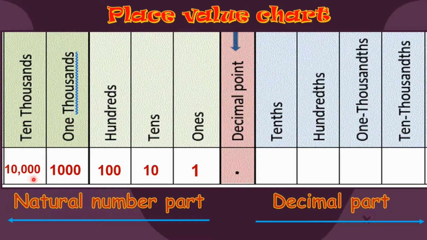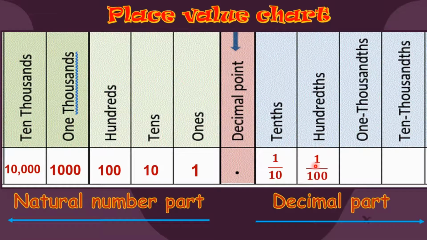Now let us move towards the decimal part, that is the digits which are there after the decimal point. So after the decimal, the first place is the tenths place and its place value is 1 upon 10. The second place after the decimal point is the hundredths place and its place value is 1 upon 100.